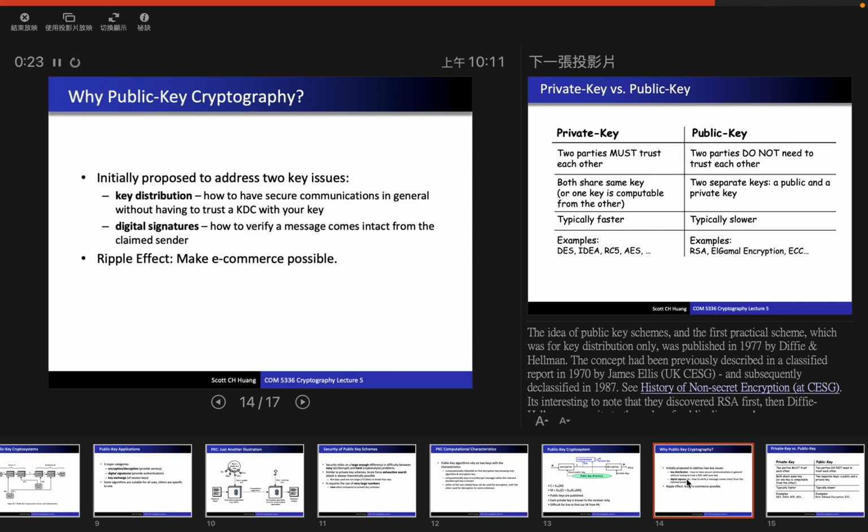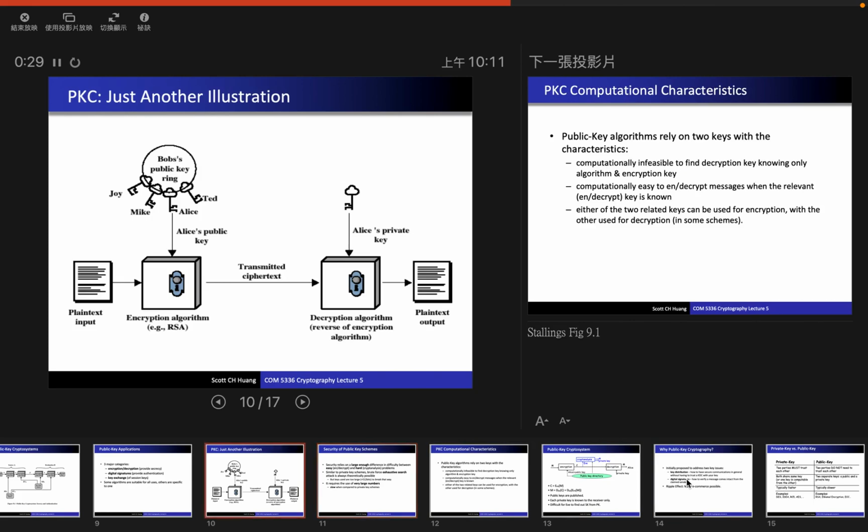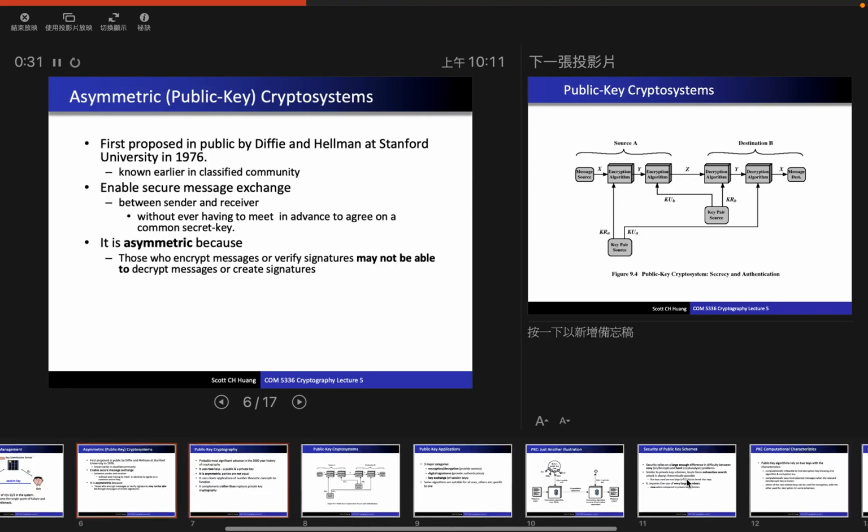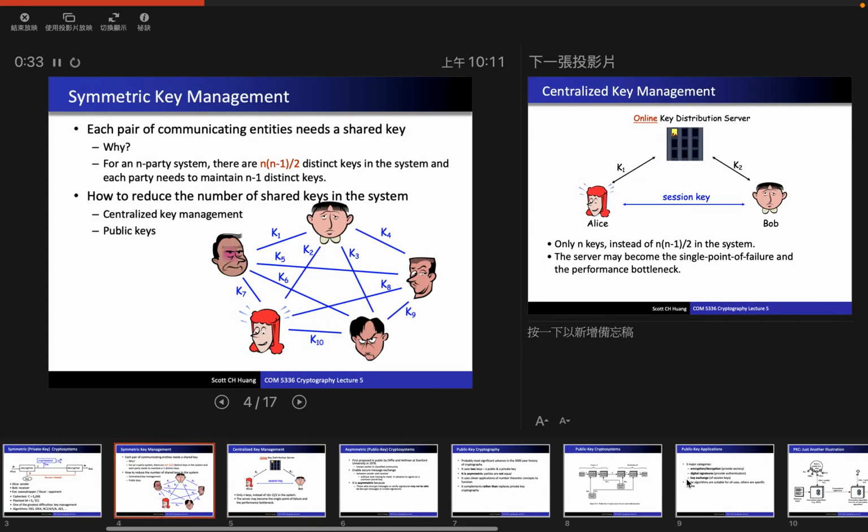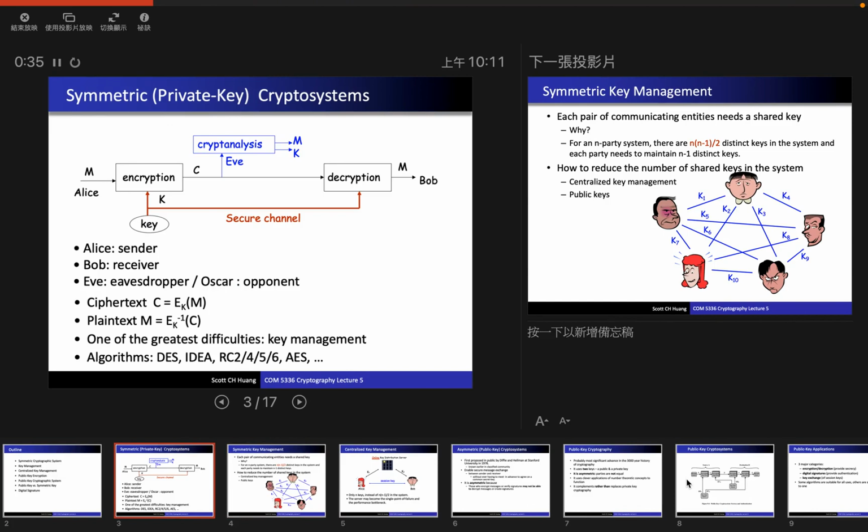Number one, key distribution. When we talk about key distribution, we actually mean that when we use a private key crypto system, we need to have a secure channel. This secure channel cannot be established using private key crypto systems.